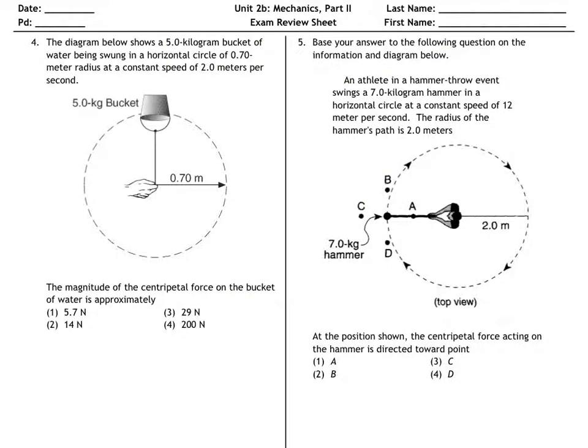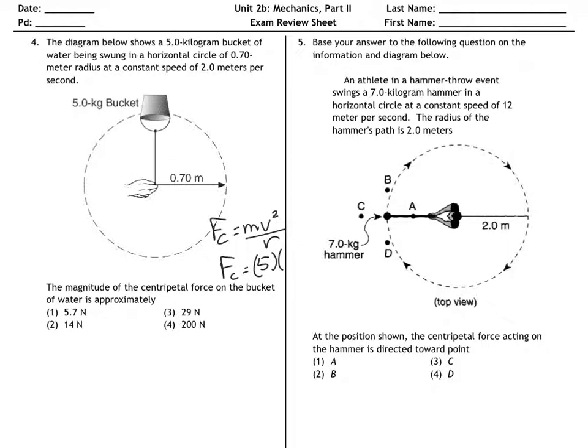Alright, the diagram below shows a 5 kilogram bucket of water being swung in a horizontal circle of 0.7 meter radius at a constant speed of 2 meters per second. They want the centripetal force, so I recommend the same equation we just used, which is Fc is mv squared over r, and the mass is 5 kilograms.